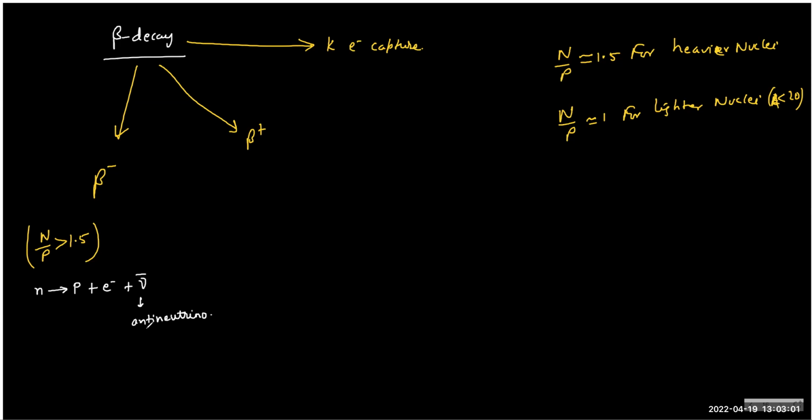In the beta minus decay, we call it beta minus because the electron is coming out, and when an electron comes out through a nuclear reaction, we call it a beta particle. The electron orbiting an atom is just an electron, but when it comes through the conversion of neutron into proton, this process we call beta decay.